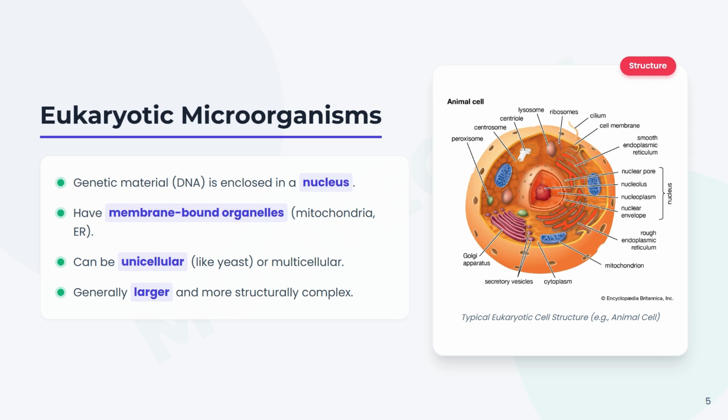Eukaryotes can be unicellular like yeast or multicellular like us, and they are generally much larger and more structurally complex than prokaryotes. Here is a detailed look at a typical eukaryotic animal cell structure.